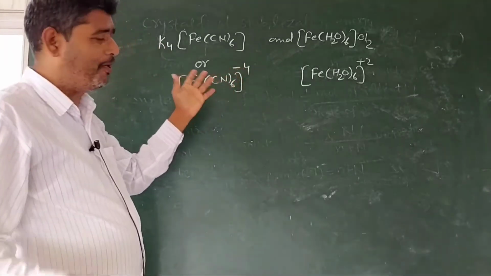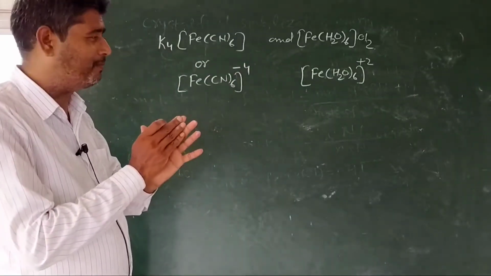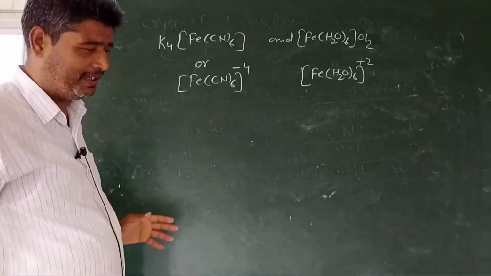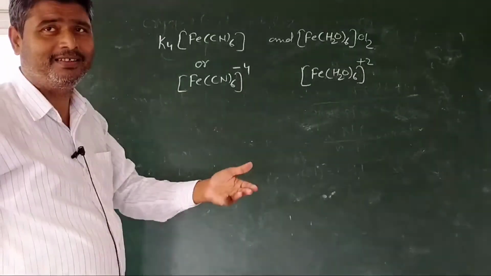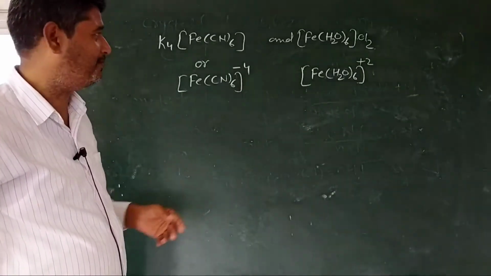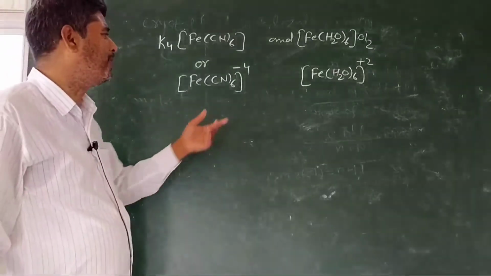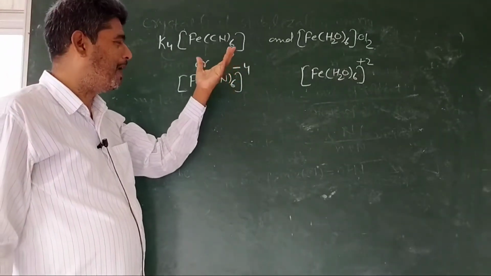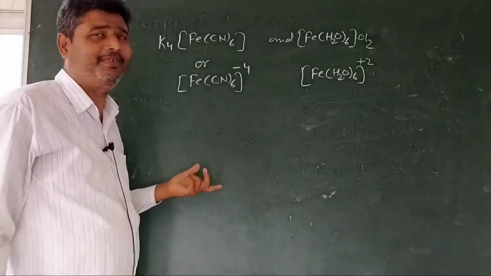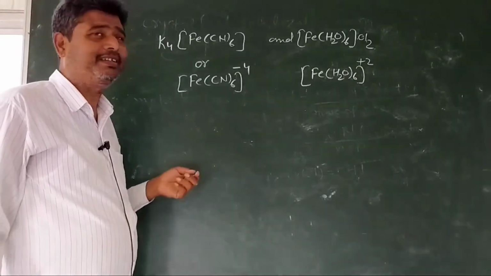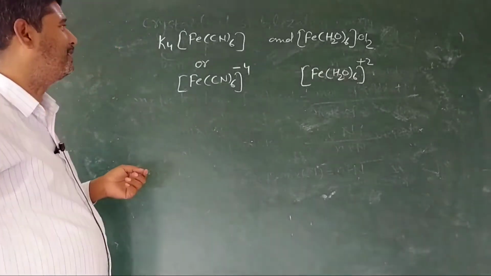The coordination sphere and outer species always form an ionic bond, an electrovalent bond, in which ionization is done. Now come back to our topic. Our topic is stabilization energy, crystal field stabilization energy.